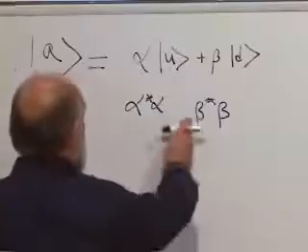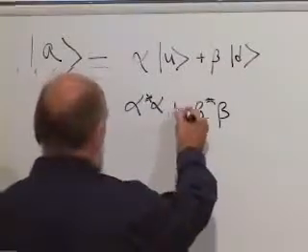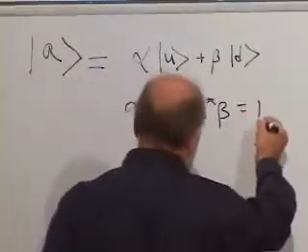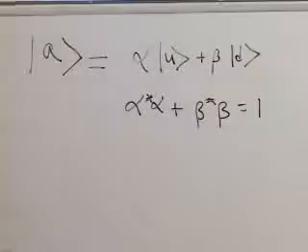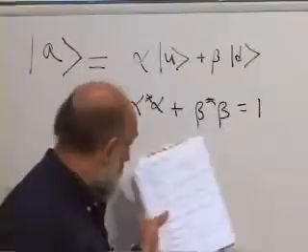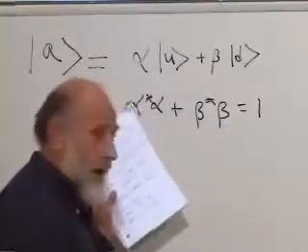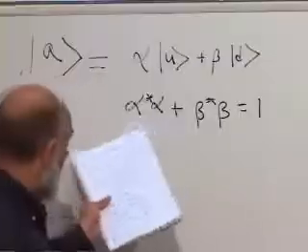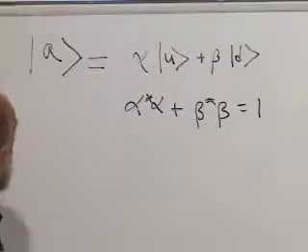And so, just to make the total probability equal to 1, we require that the sum of the squares is equal to 1.